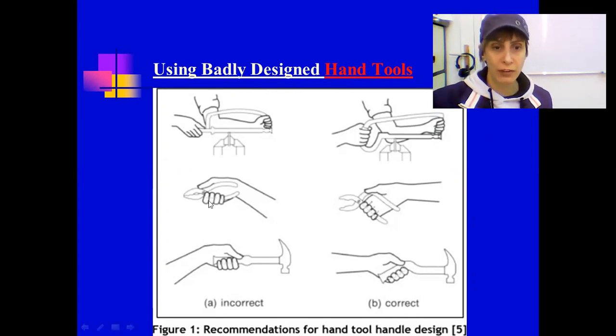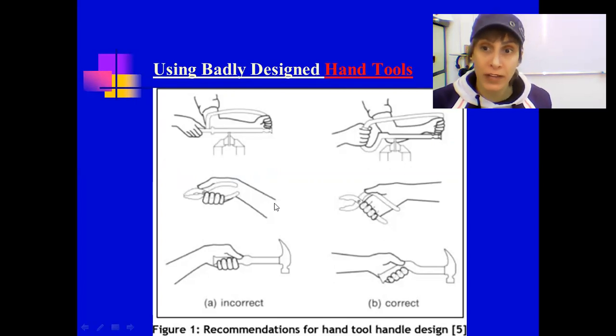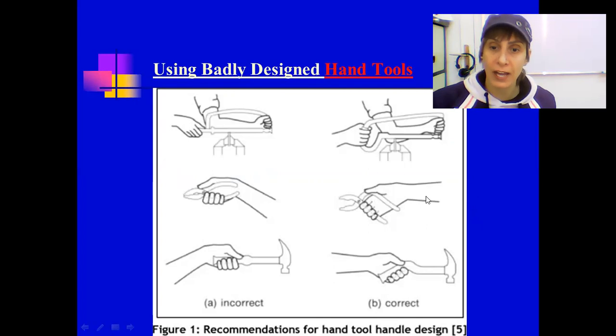So this, for example, is the same as this tool again, but look at the design of the handle. Look at the handle design. There is the difference, okay? So here, how does the arm and the hand hold the tool and use the tool to perform a task? And here, this is a more comfortable design for the hand. It leaves the hand and the arm in a more natural position.